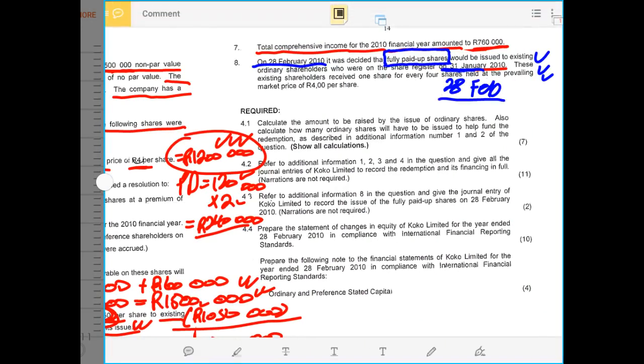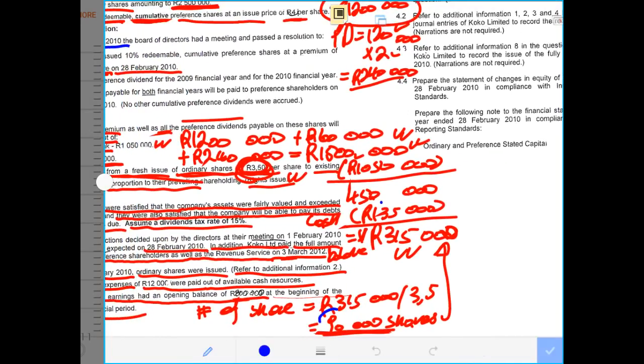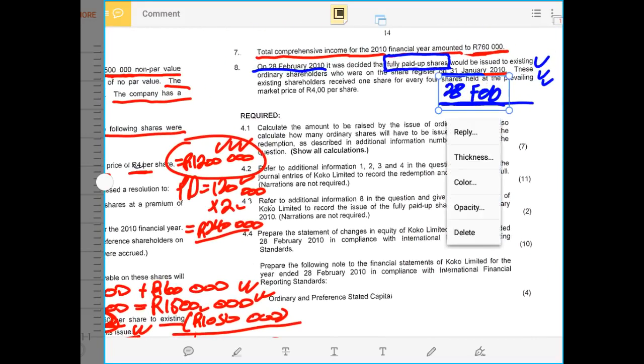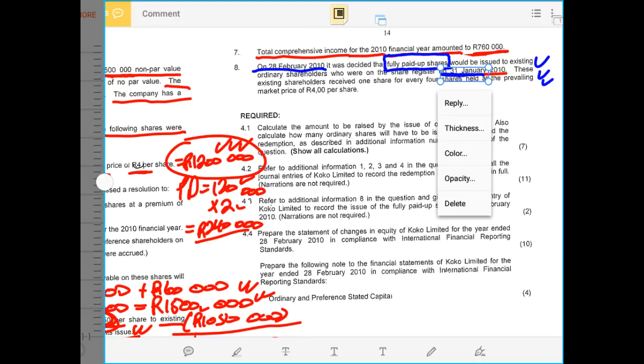That means if this date was the 28th of February 2010, these shares, which is the 90,000 shares, will have to be added when we calculate the number of shares to be included in the calculation of the capitalization issue. However, in this case, the date is the 31st of January, and the shares that were issued as right issue shares were issued after the 31st of January, which is the 1st of February. So now 90,000 shares will not be included when we calculate the number of shares here.